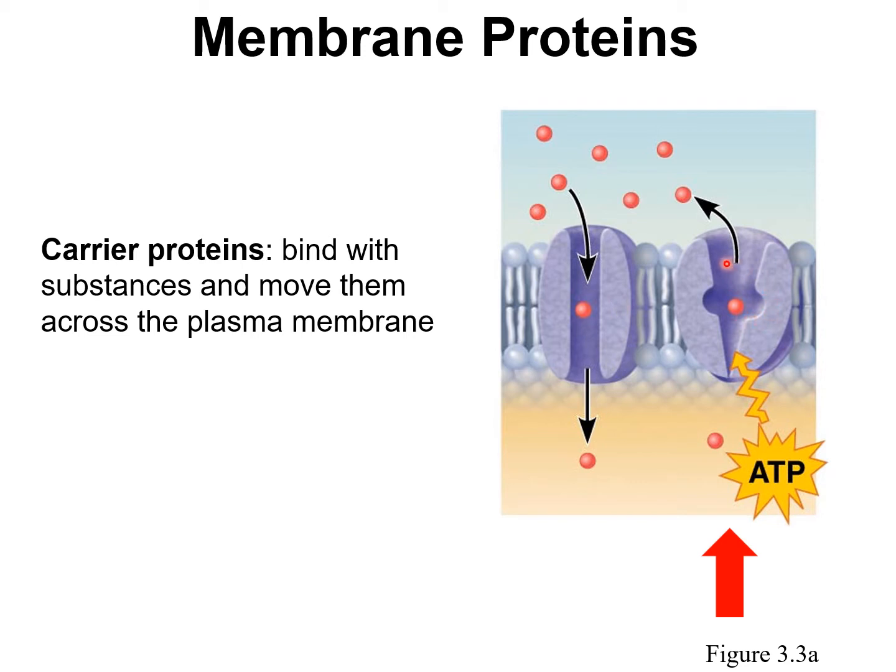You could think of carrier proteins as actually grabbing, pulling, and releasing the substance onto the other side. In this example, the carrier protein has to be energized by ATP in order to change shape and move that substance across the plasma membrane. But I do want to note that not all carrier proteins require ATP. Some do, some do not.